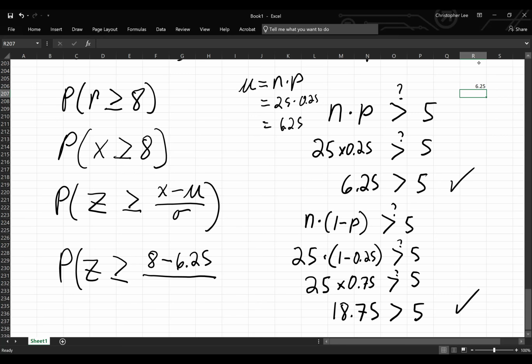Sigma is the population standard deviation. n times p times 1 minus p. And then what's that answer?